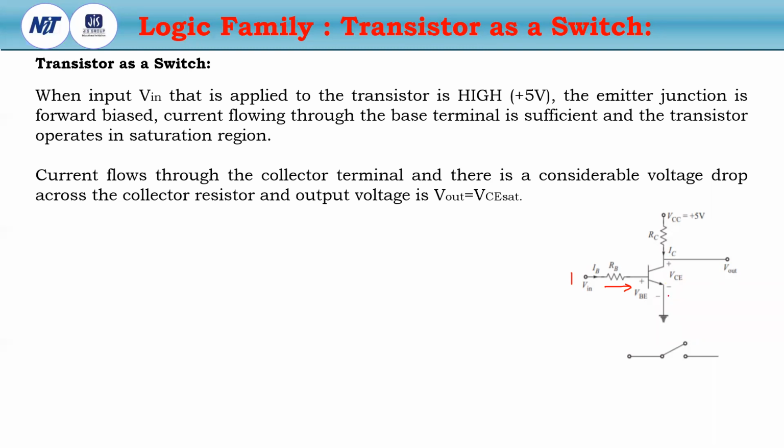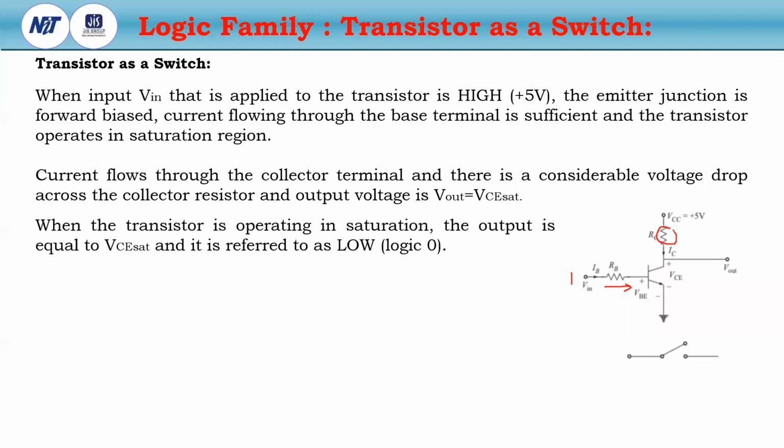So for this reason, it acts in the saturation mode. So the current flows through the collector terminal, and there is a considerable voltage drop, that is IC RC, across the collector resistor. So then the Vout will be the VCE sat only.